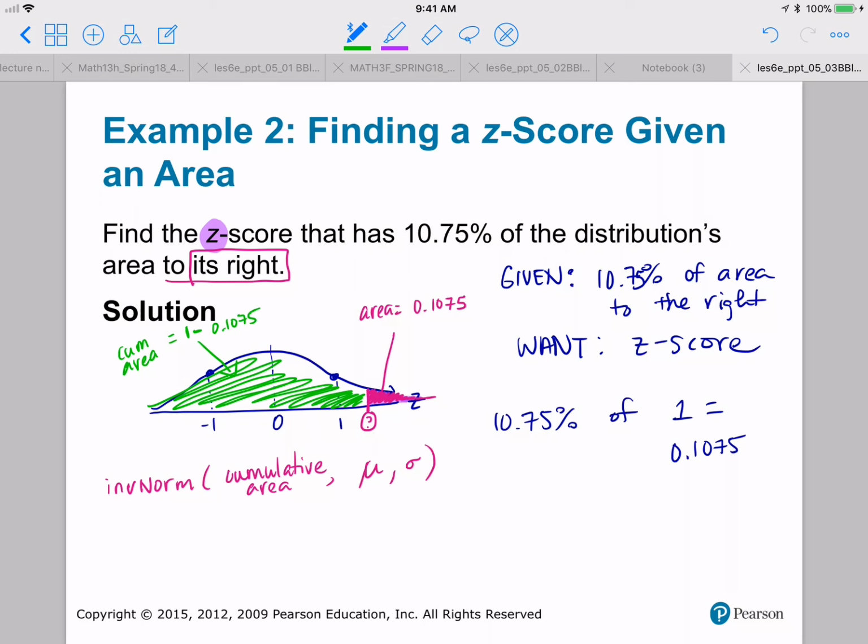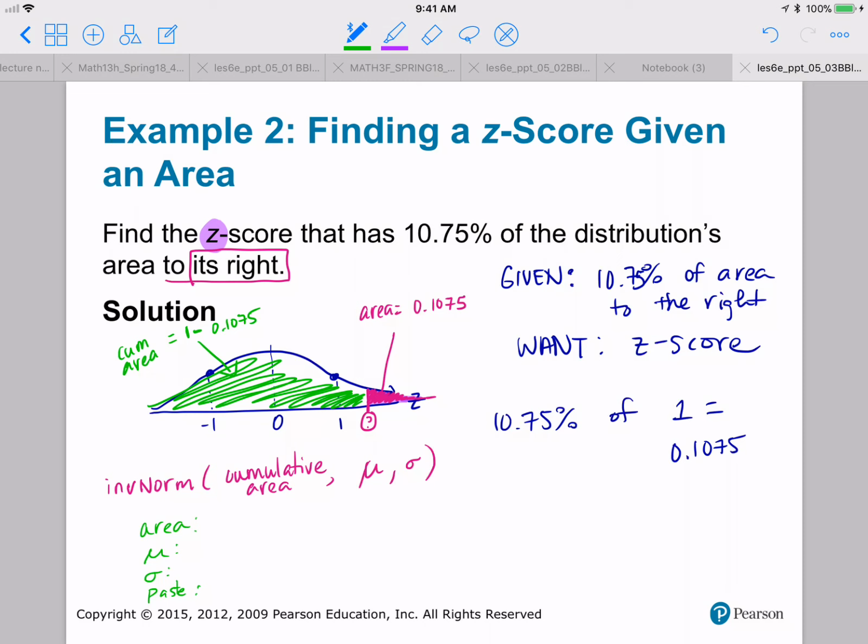So in my calculator, where it says area, mu, sigma, second, vars, go to inverse norm.